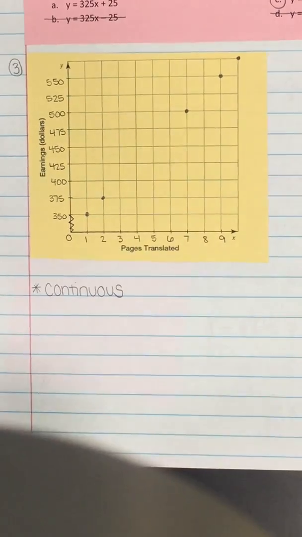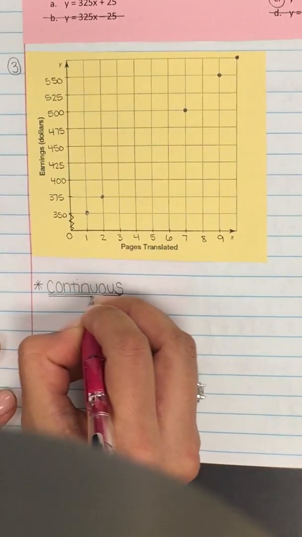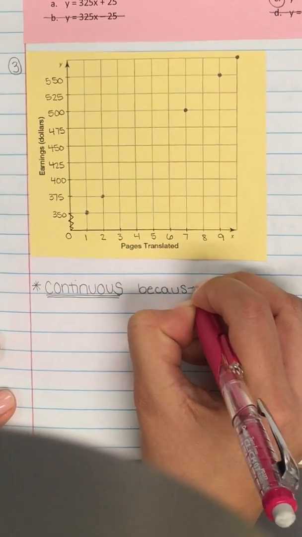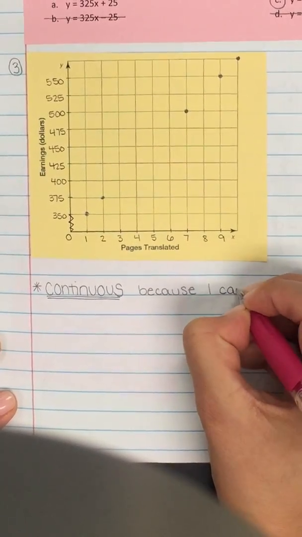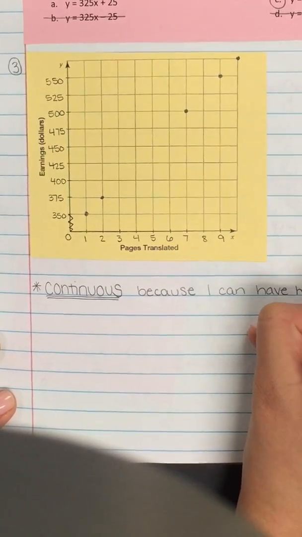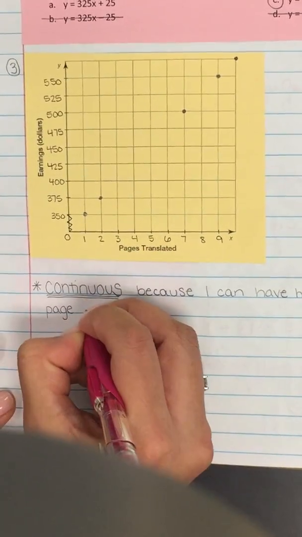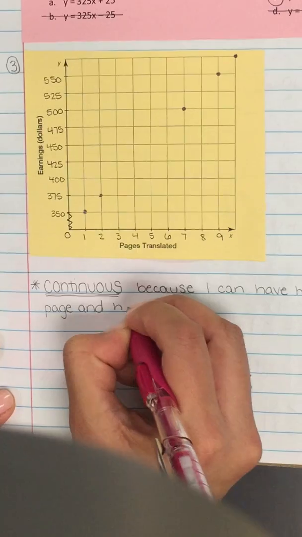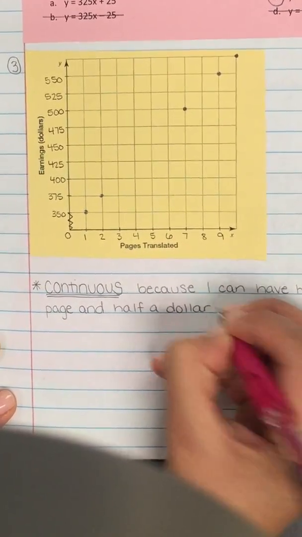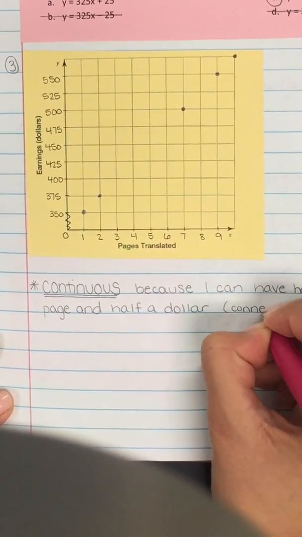Continuous, because I can have half a page and half $1. So that means the dots are connected.